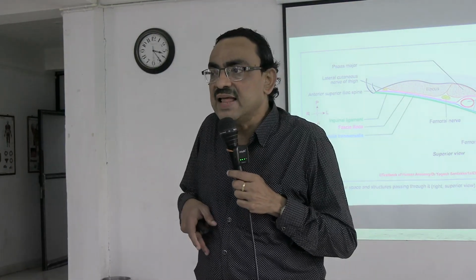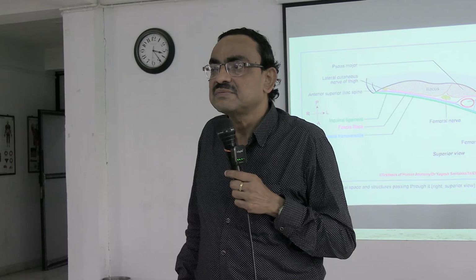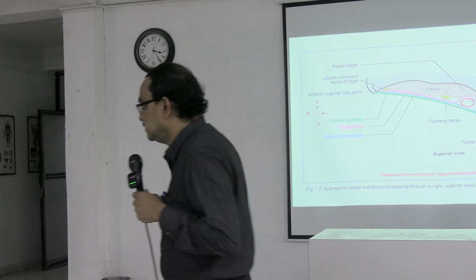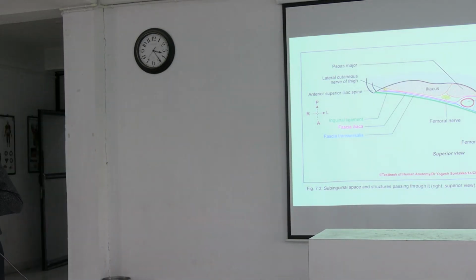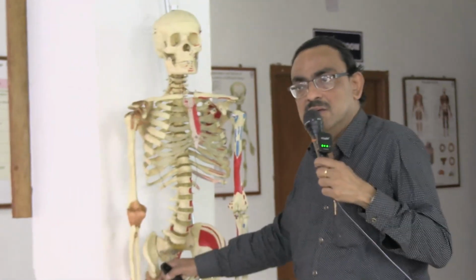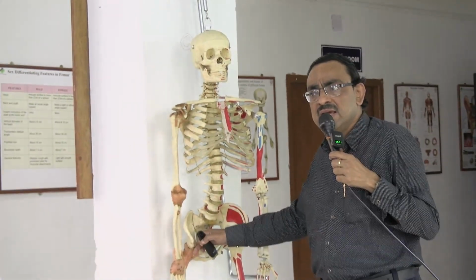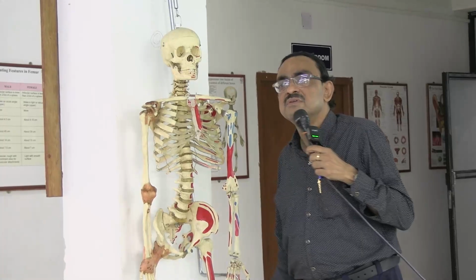The same artery, that is external iliac artery, when it crosses the level of inguinal ligament, it becomes femoral artery.